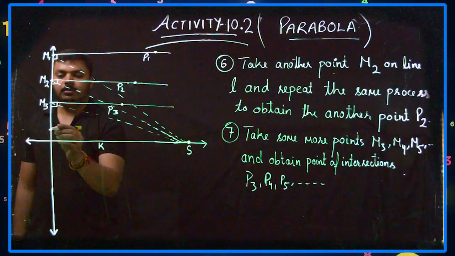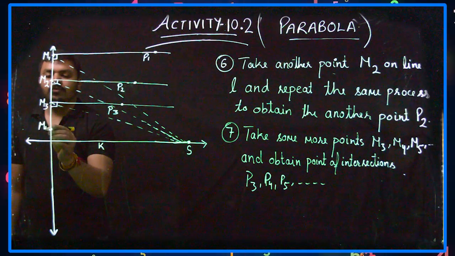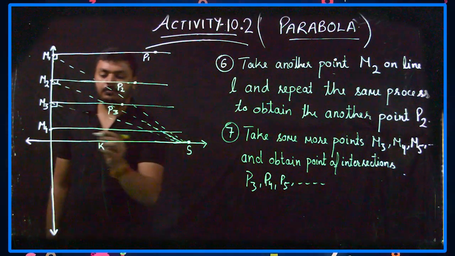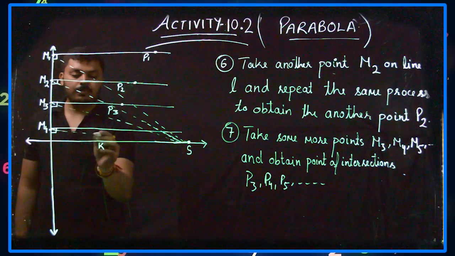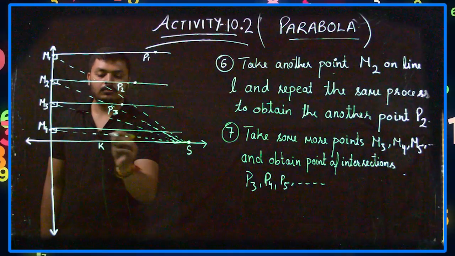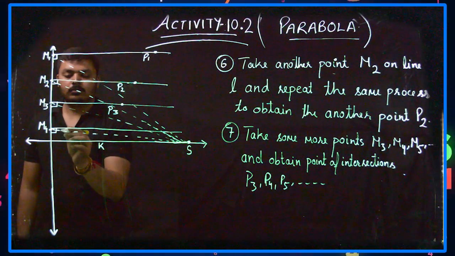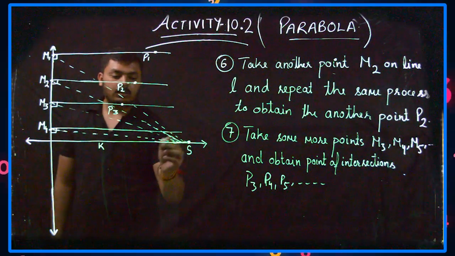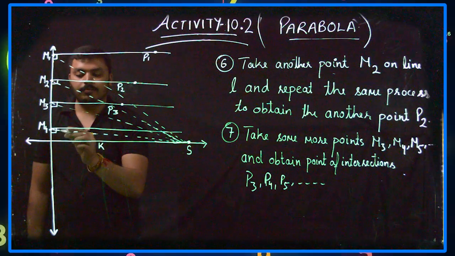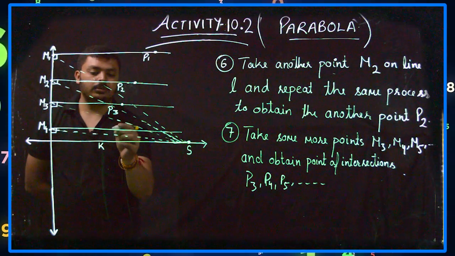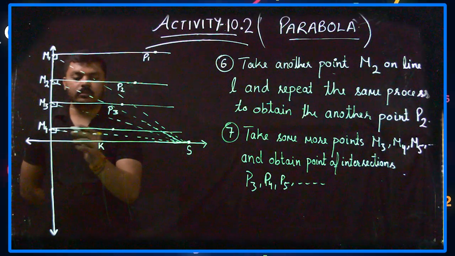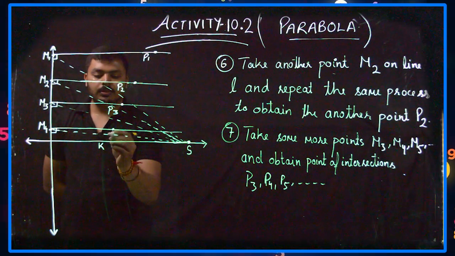Similarly, take another point M4, draw a perpendicular, join M4 to S, and draw the perpendicular bisector of M4S which cuts the line through M4 at point P4.